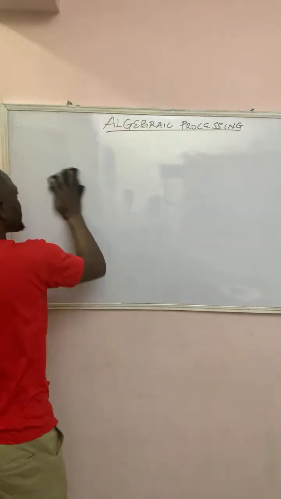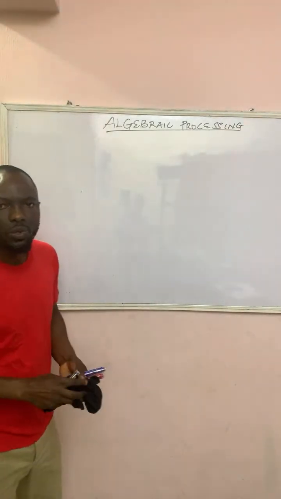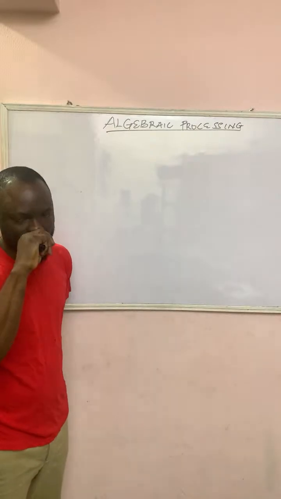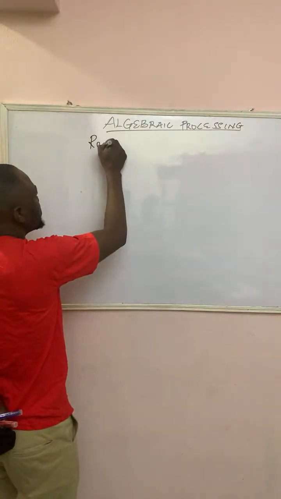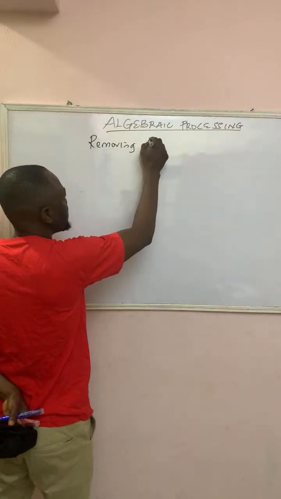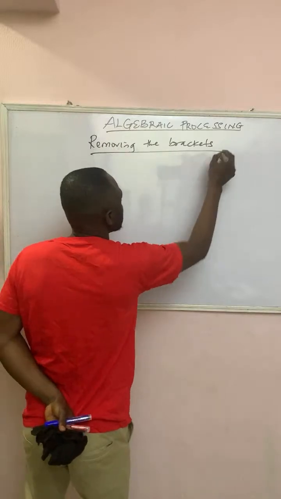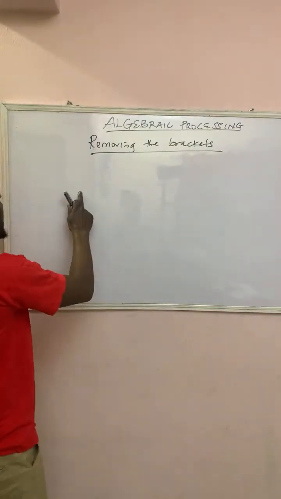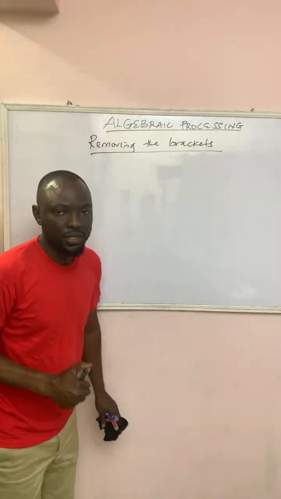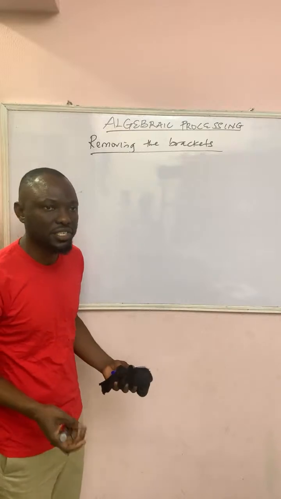All right. Now, the next thing we want to see is how we can remove brackets. Now, in removing the bracket, from the rule of BODMAS, you know that bracket means multiplication as well.